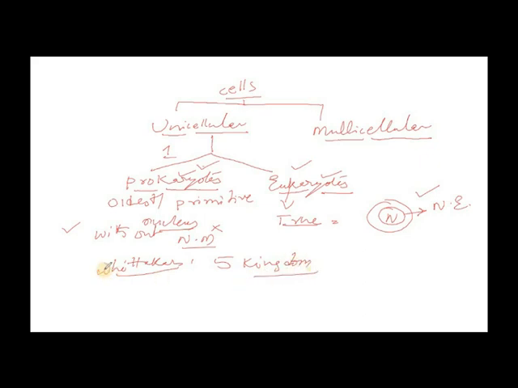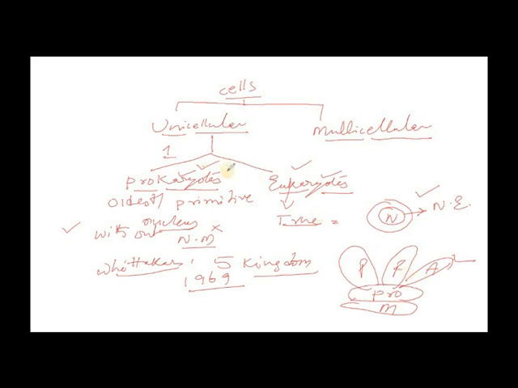The primary, primitive, oldest organisms are called Monera, and then Protista, then Plantae, Fungi, and Animalia. In 1969, Robert Whittaker classified all living organisms into 5 kingdoms: Monera, Protista, Plantae, Fungi, and Animalia.